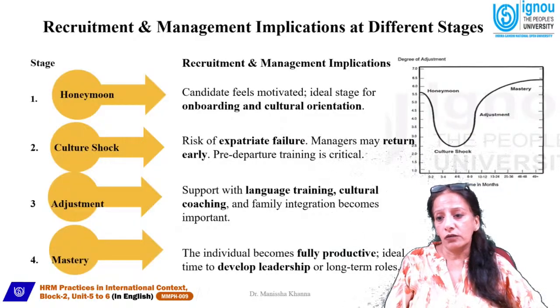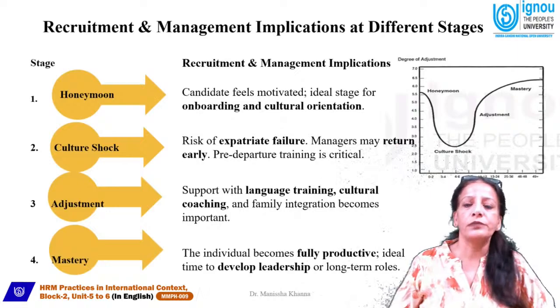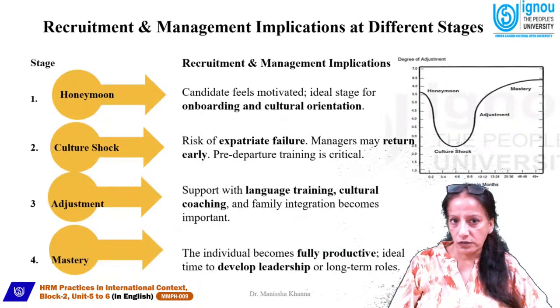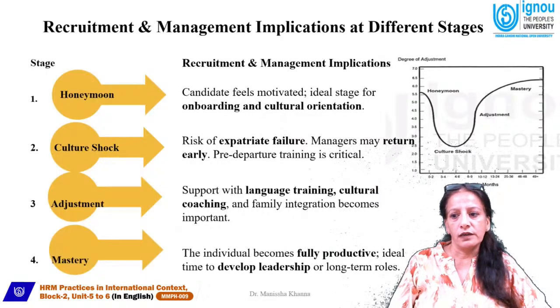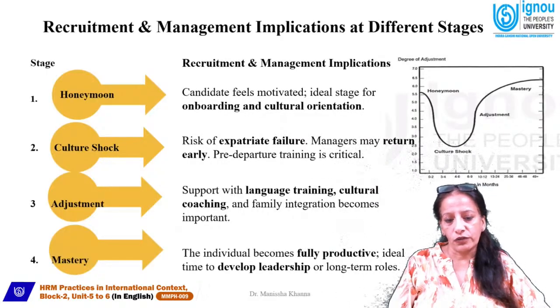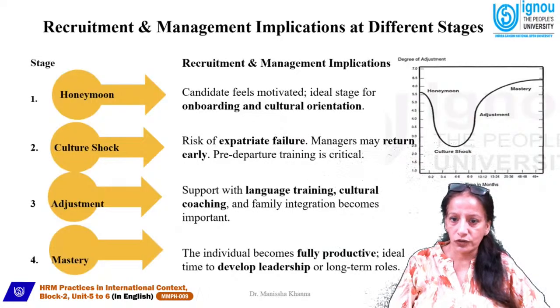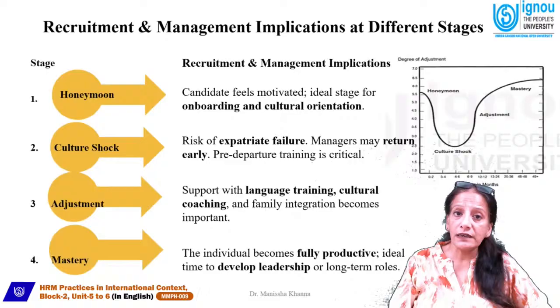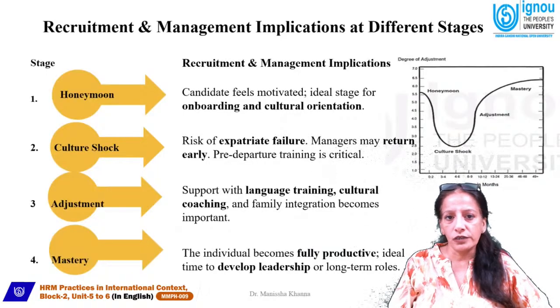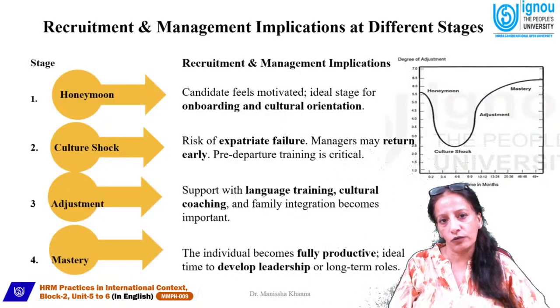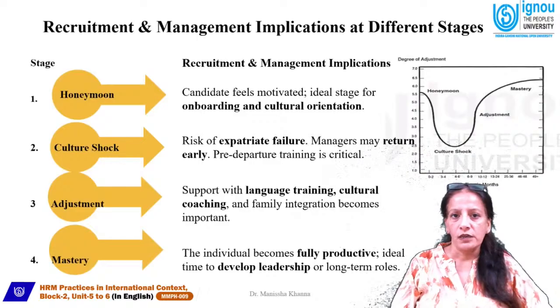So then, over a period of time, if properly trained, and if the management works on a specific strategy, then it comes to an adjustment stage for them, where there is language training support, cultural coaching, and family integration becomes very important, because during the adjustment process, sometimes the family also moves along with the expats.